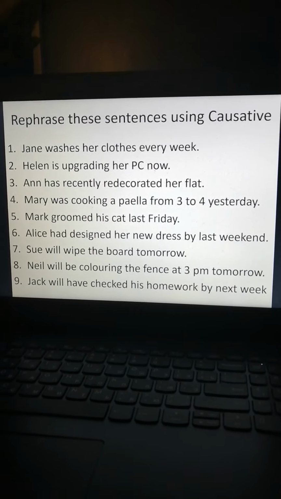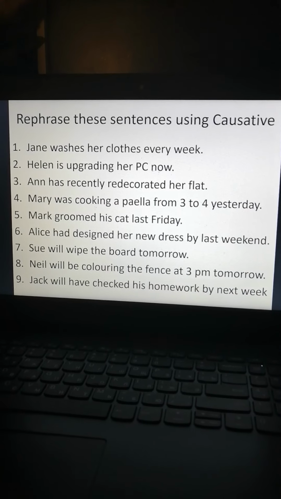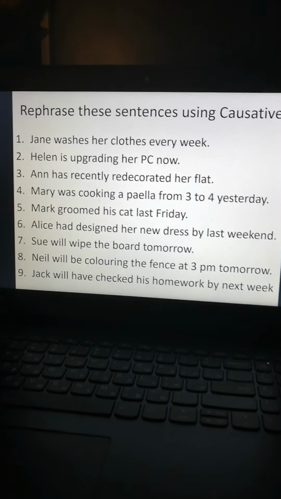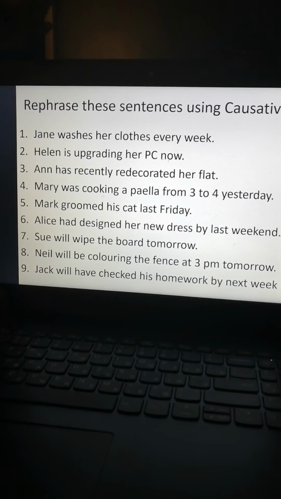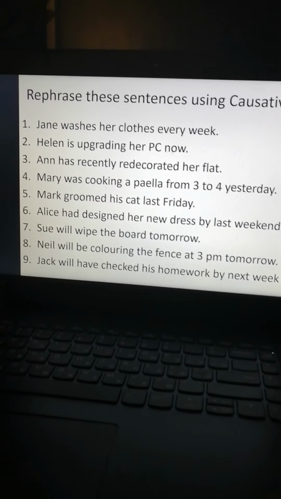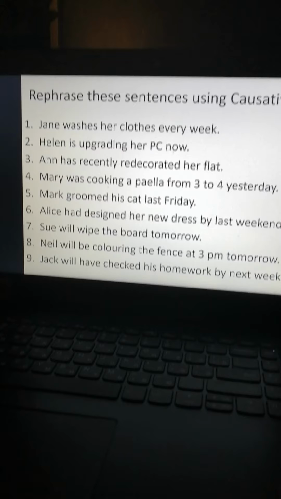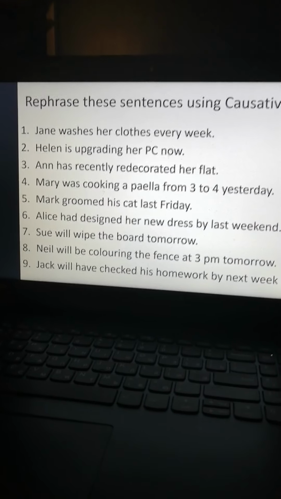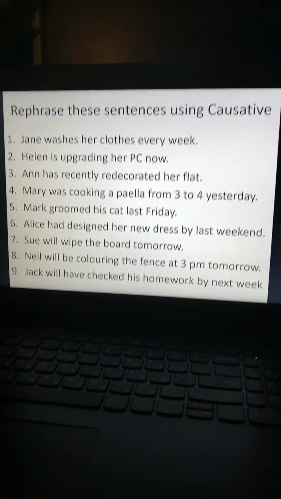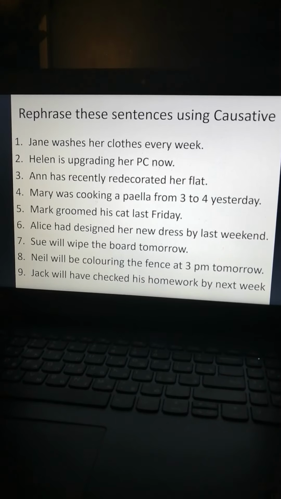So I hope you have noticed that there are three main bricks to build up the causative form. Brick 1 is stable, always the same. It's the third form of the main verb.